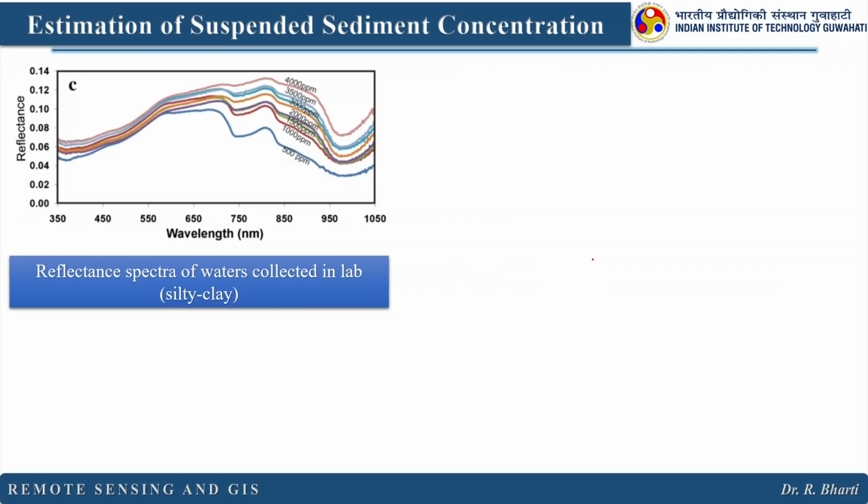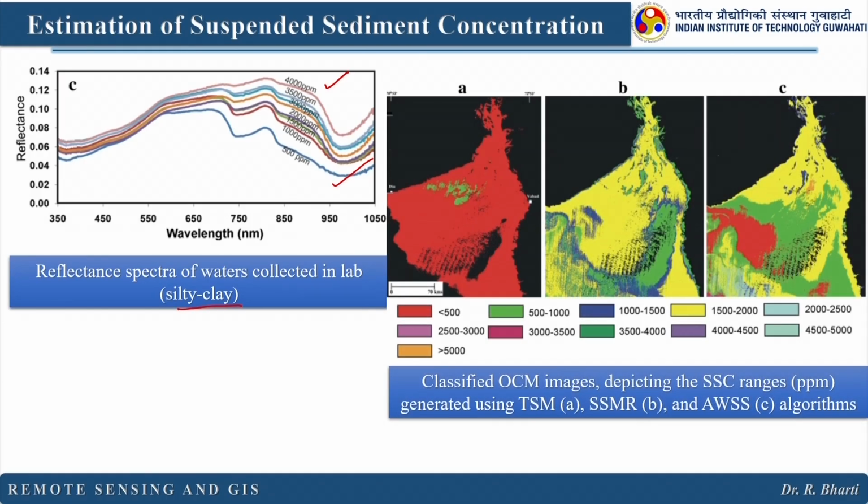Here you can see another example, and this is for silty clay. So, the reflectance spectra are shown here. Similarly, by adding the silty clay more and more, we have reached to this 4000 ppm, and then for individual concentration this spectra was measured, and once you have that, then you can easily identify what are the wavelengths which are sensitive for this change in suspended sediment.